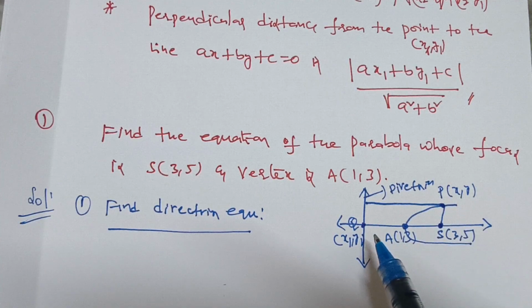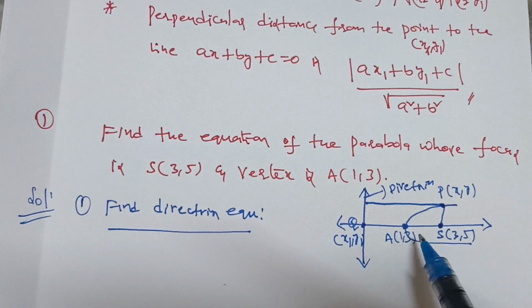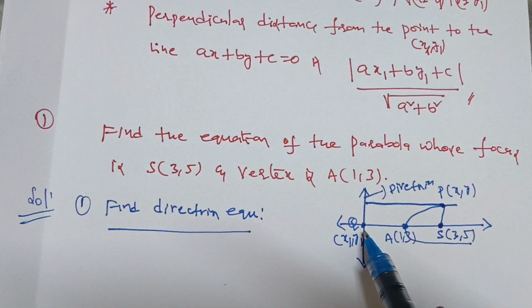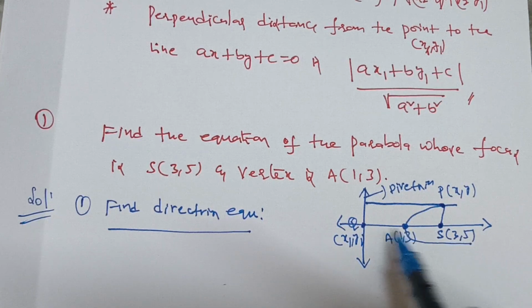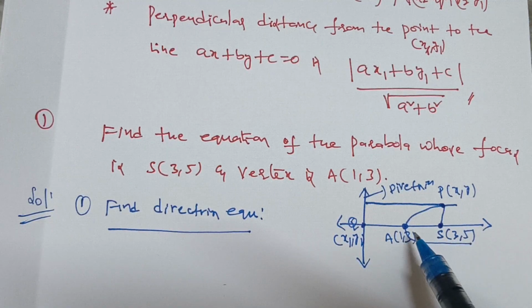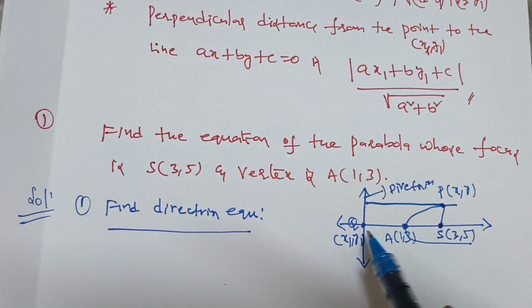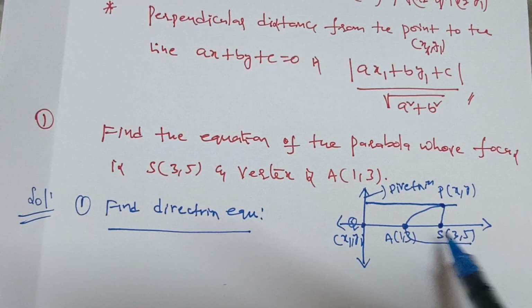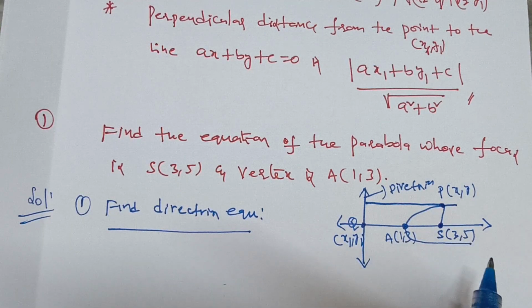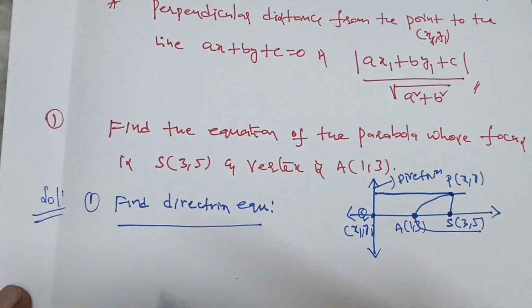That's why clearly A is the midpoint of QS, because the distance from any point on the parabola to the focus and to the directrix are equal. That's why here A is considered as the midpoint of these 2 points. So we use the midpoint formula here.